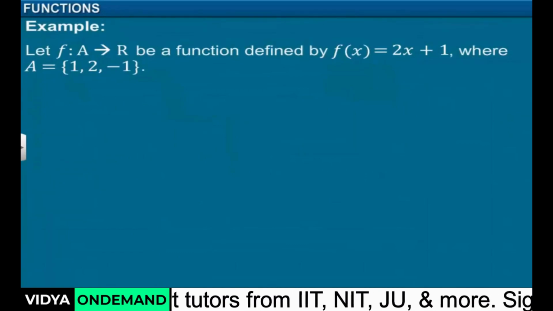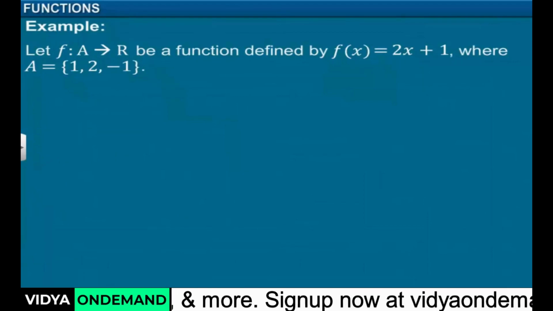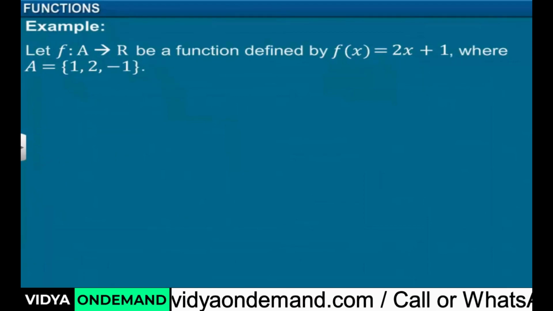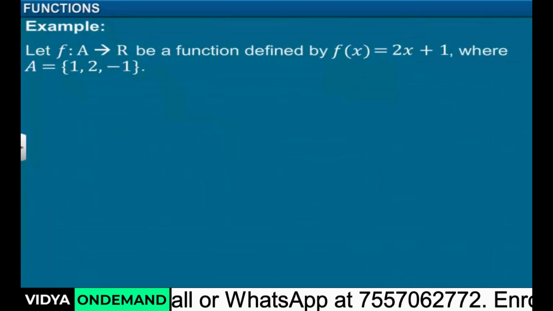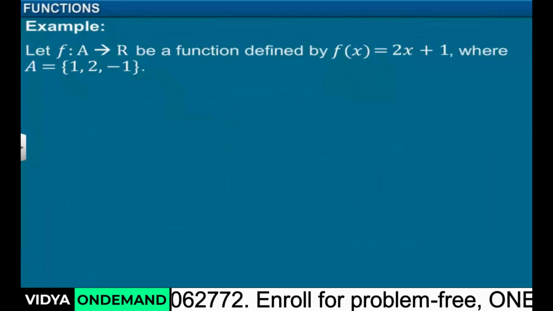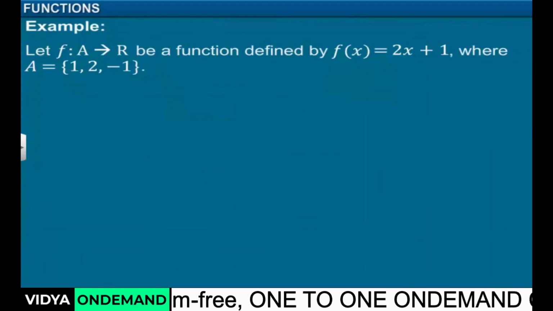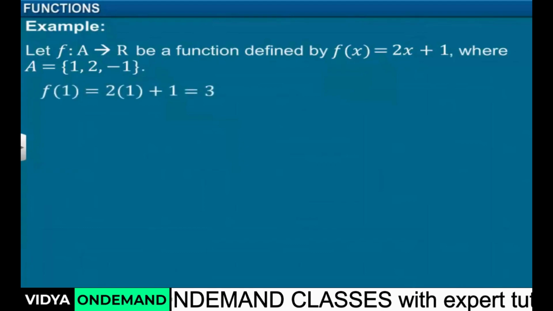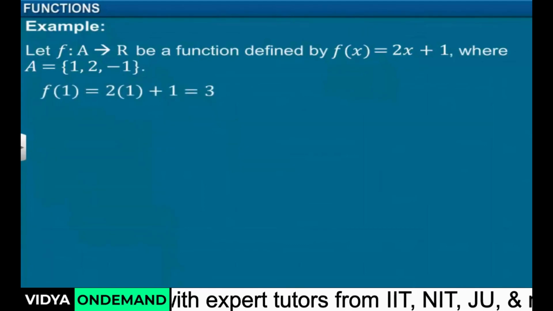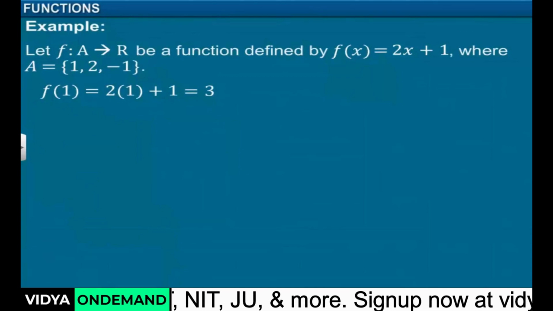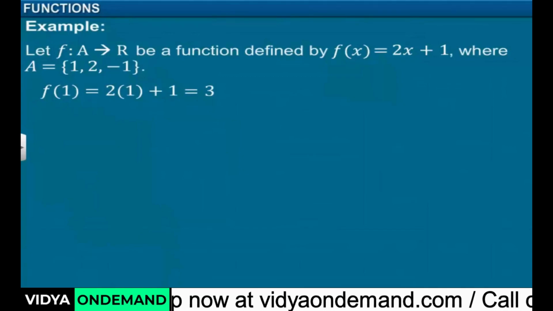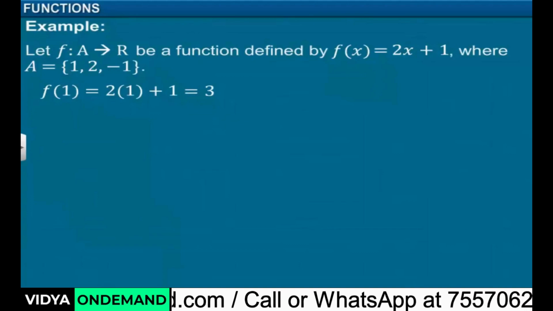Let us find the ordered pairs satisfying function f. F of 1 is equal to 2 into 1 plus 1. This is equal to 3. f of 2 is equal to 2 into 2 plus 1. This is equal to 5.